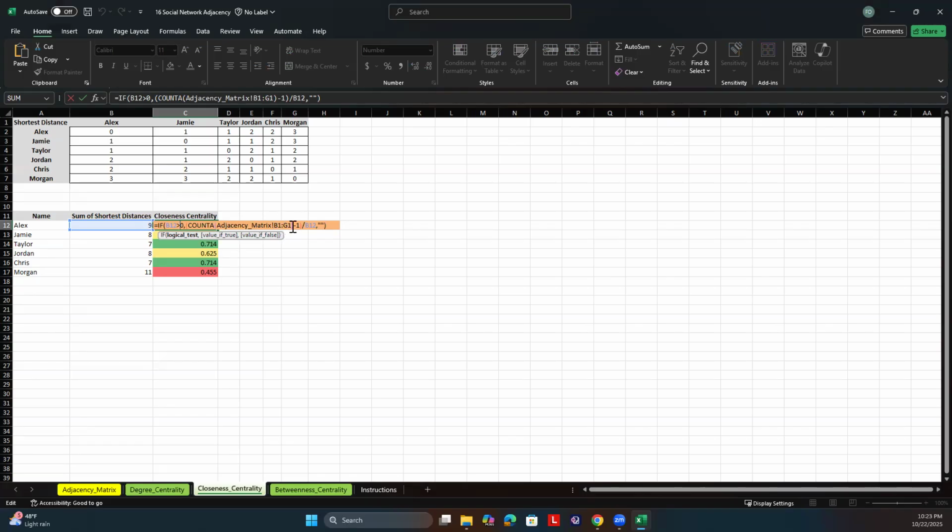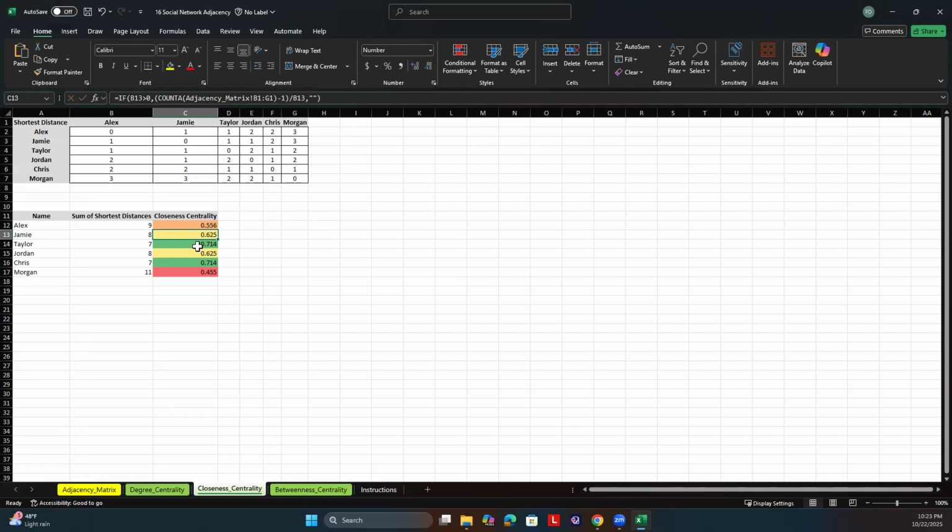So 5 divided by this number, 5 divided by 9. Otherwise, we just put nothing, because if somebody is not connected to anybody, we will not put any number here. So 5 divided by 9 will give us this number. Here 5 divided by 7 will give us this number, and so on.